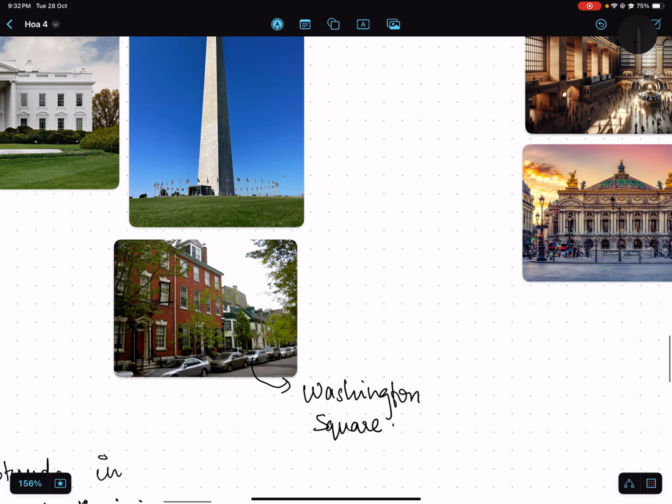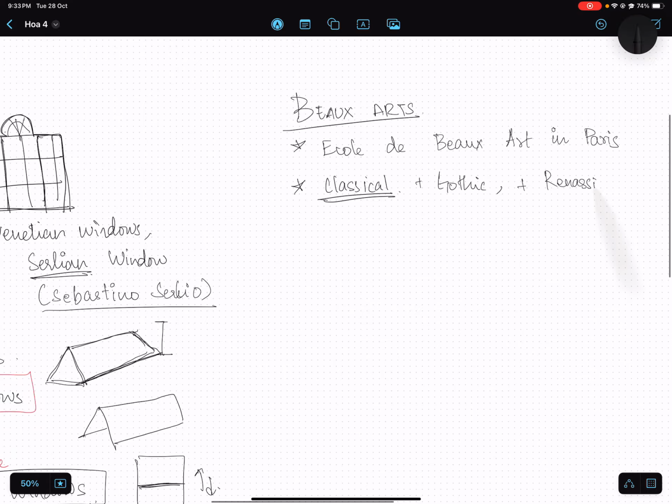So this started from the École des Beaux-Arts in Paris. And this did use a lot of classical antiquities, but also took inspiration from other architecture as well. Like it took a bit of inspiration from maybe Gothic or Renaissance, whatever.